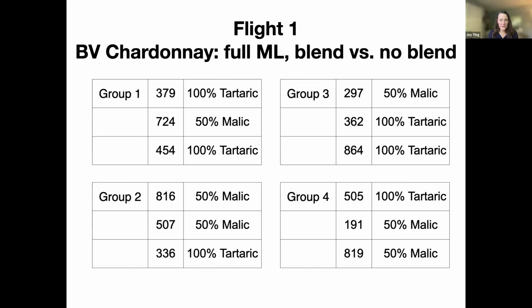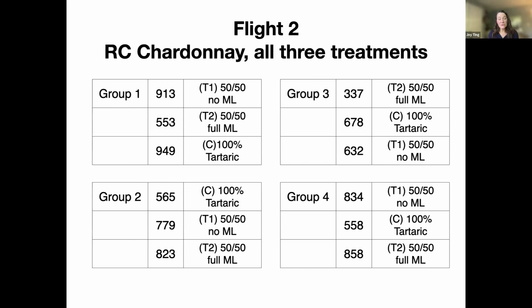And then flight number 2 was that RC Chardonnay where we had 3 different treatments. And so you didn't have a triangle test. We had you taste all 3 of them. And so here again, the one that got 100% tartaric acid and went through full malolactic fermentation is the control, because that's what Corry normally does.